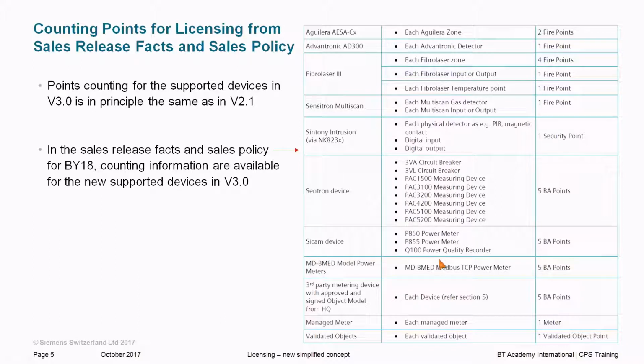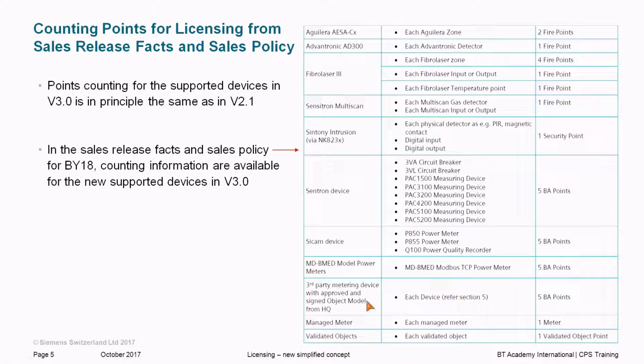These are both energy power meters from Siemens. So every meter we are importing, and we are using our headquarter library, headquarter model, is counted as 5 building automation data points.